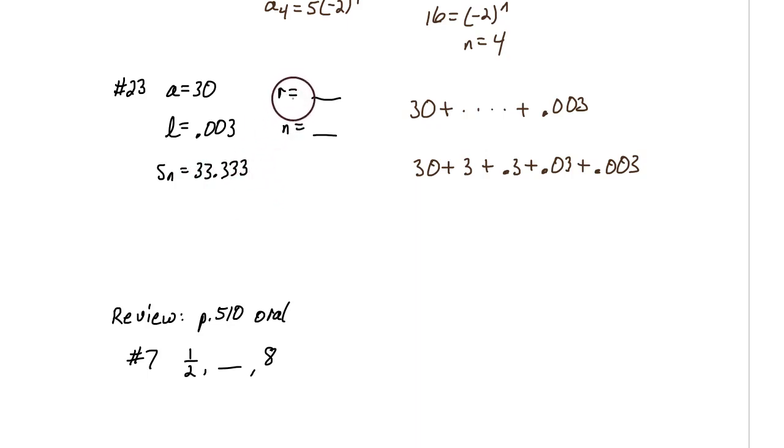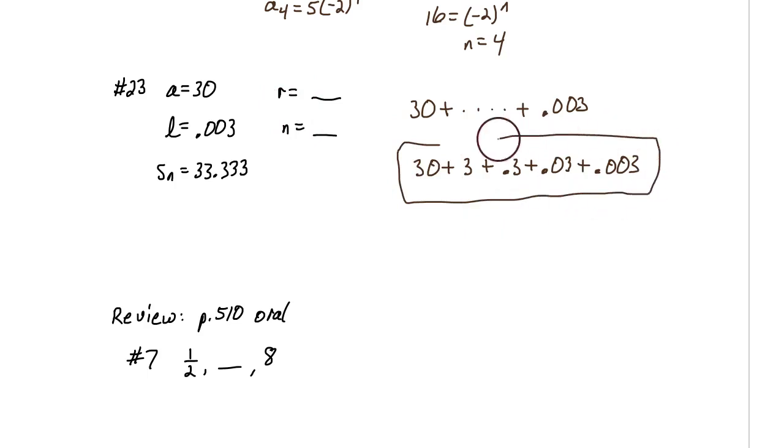So we didn't know what r and n was, but we are able to actually figure out the entire series that's in number 23. And with that information, we can certainly find r and n. There are 1, 2, 3, 4, 5 terms, so n is 5. And what's happening from term to term? It looks like we times by 1/10. So r is 1/10.